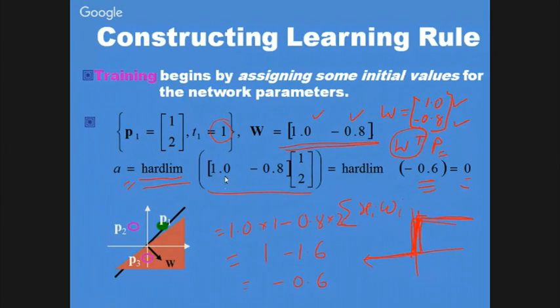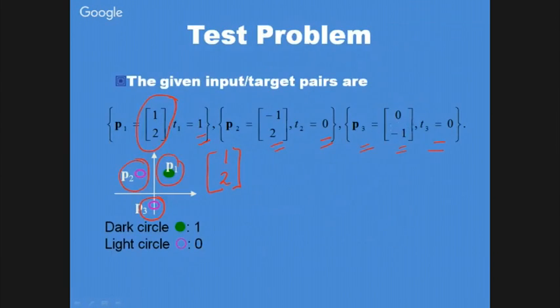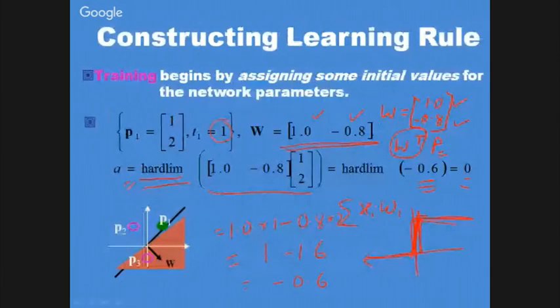What did we have earlier? This is our equation: if the target equals 1 and Z is equal to 0, what should we do? W new equals W old plus C into (T minus Z) into P. P is your Xi, because we are taking C equal to 1, and T minus Z will be 1 minus 0.